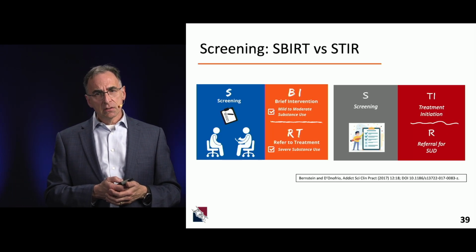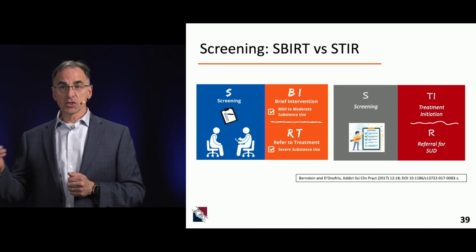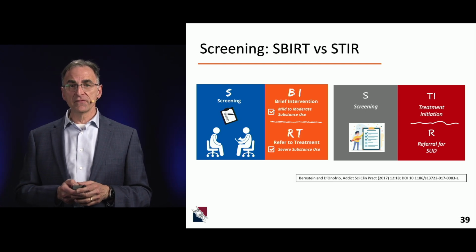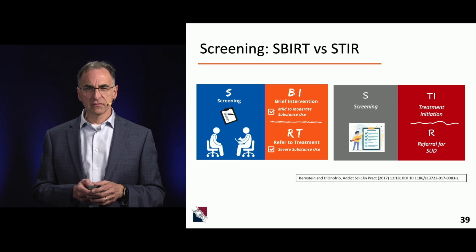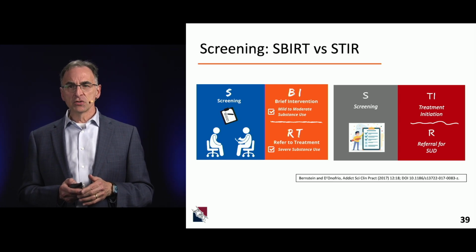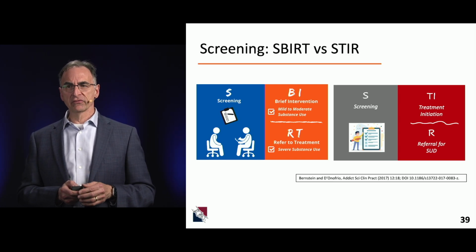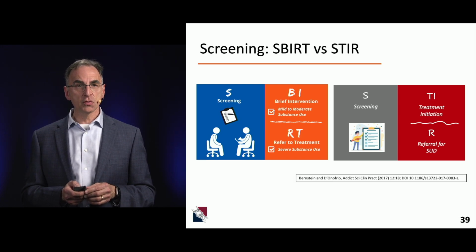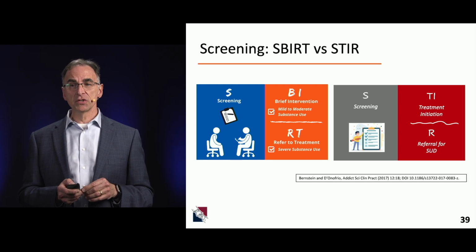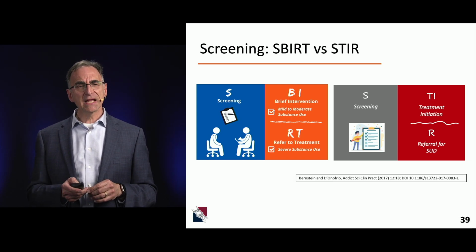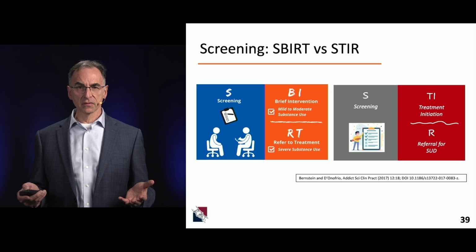So screening, brief intervention, and referral to treatment, or SBIRT, is an evidence-based screening process developed many years ago to facilitate time and resource-sensitive interventions in acute care and outpatient settings. It has been shown to be effective in reducing alcohol consumption and consequences in unhealthy drinkers.